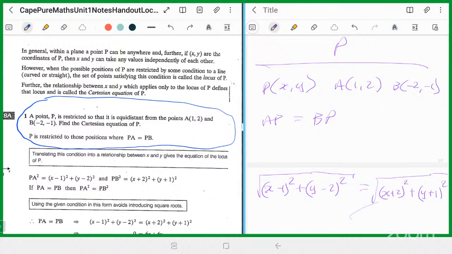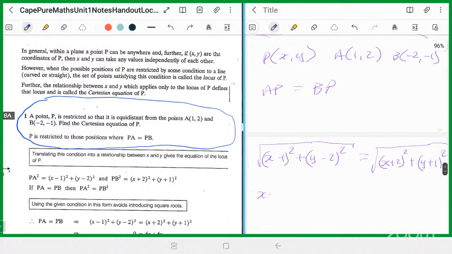And because these two sides are square roots, you can square both sides and drop off the square root. And so you get (x minus 1) squared plus (y minus 2) squared equals (x plus 2) squared plus (y plus 1) squared. That is the locus.